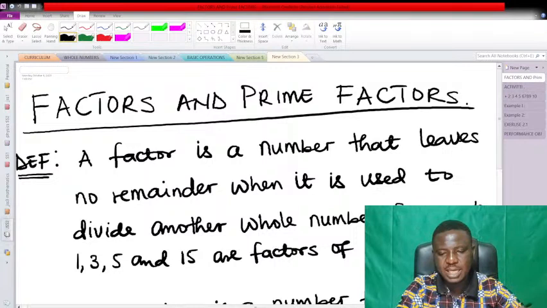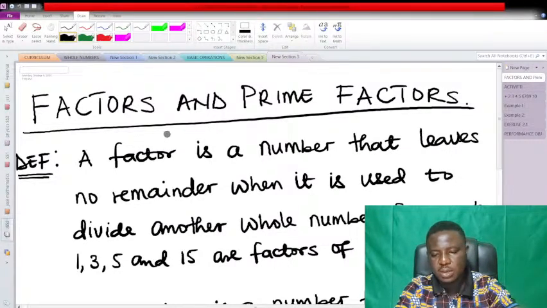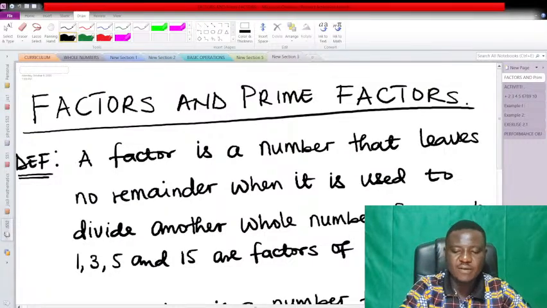So just like I said, in today's class, we shall be looking at factors and prime factorization. I believe you must have done this in your junior secondary 1, but this is going to be like a revision for us to move further.